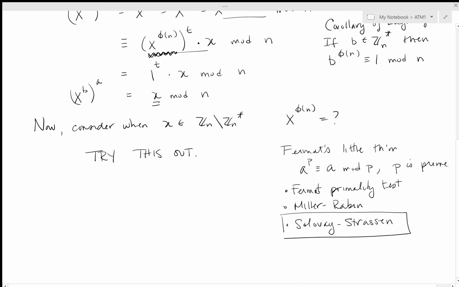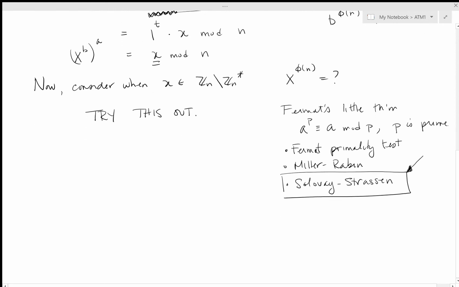So we will be using this to take a number and then determine as best we can. You'll see it's actually not deterministic, it's a probabilistic algorithm. We'll be using that to determine whether some given number is prime or not. So like I just said, that's going to be a probabilistic method.